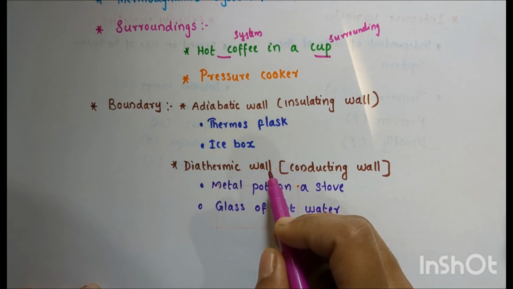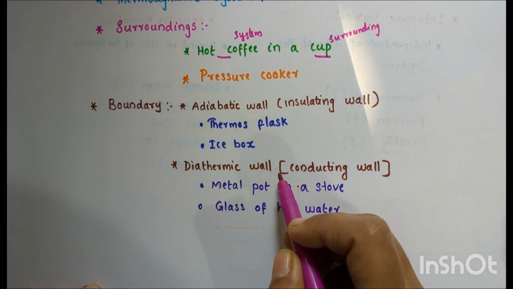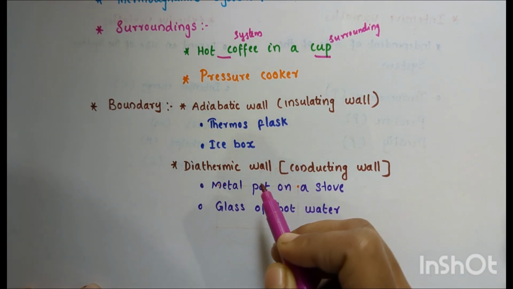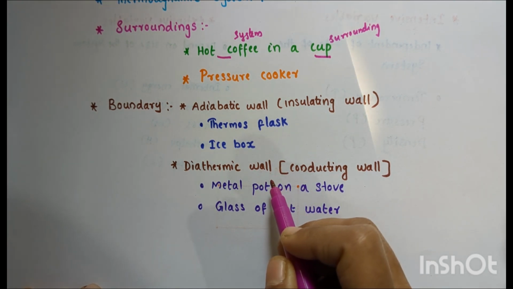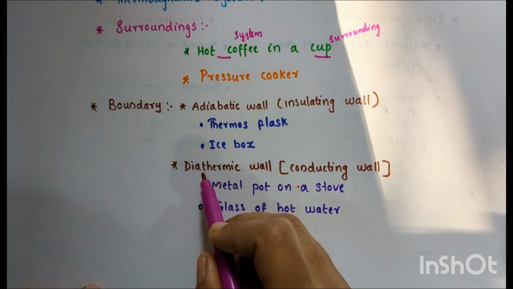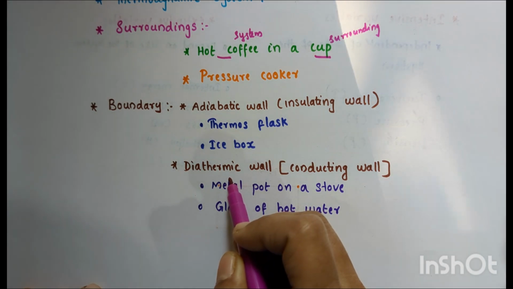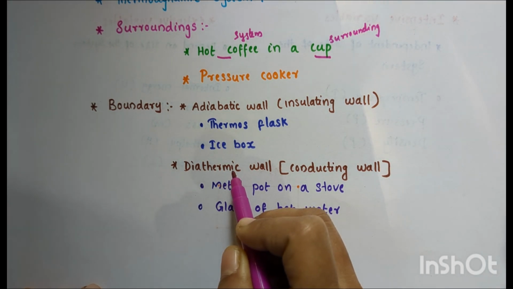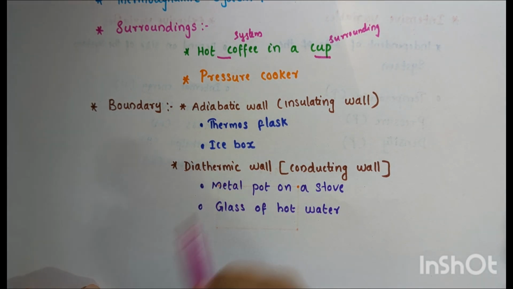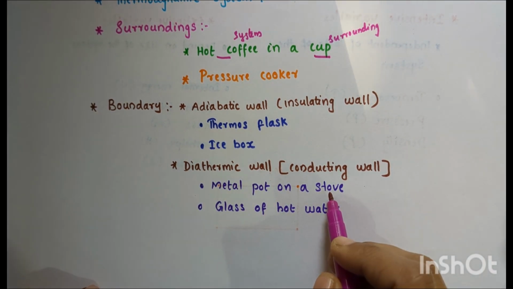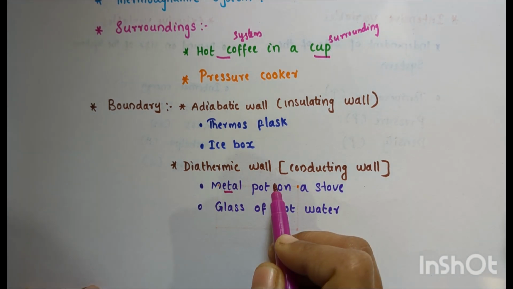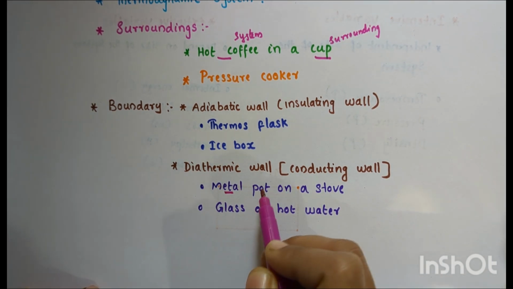See, a diathermic wall is actually a conducting wall that allows heat energy flow from one system to another system or from one system to the surroundings. Such a conducting wall is called a diathermic wall. It allows the transfer of heat between the system and the surroundings. For example, if you consider a metal pot on a stove, the metal allows heat to transfer from outside, that is from the flame, to the water inside.